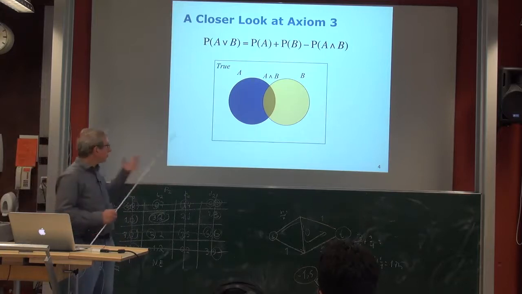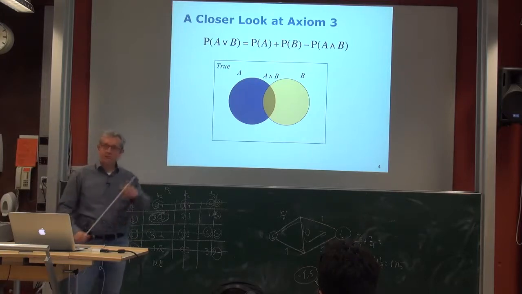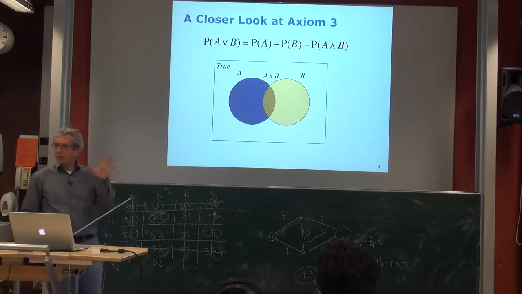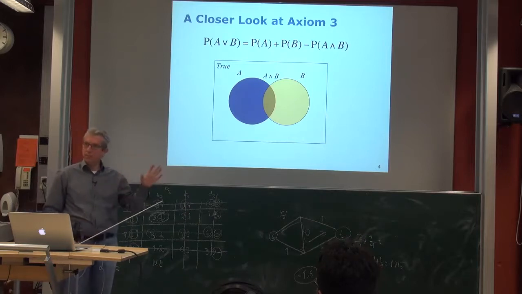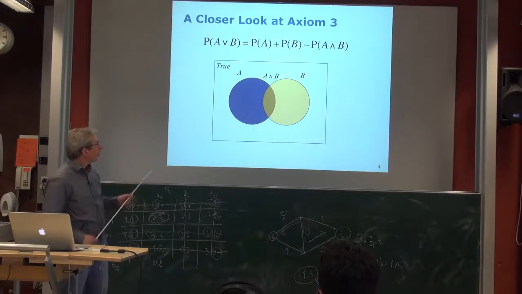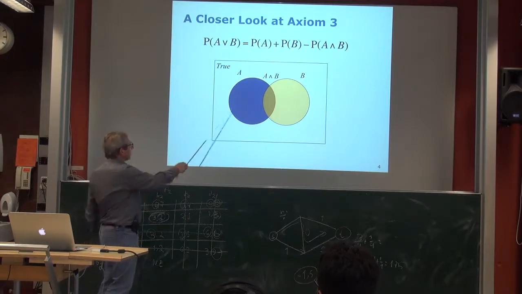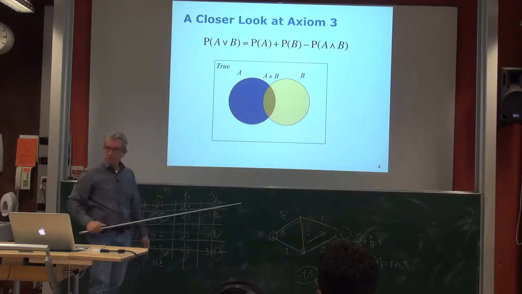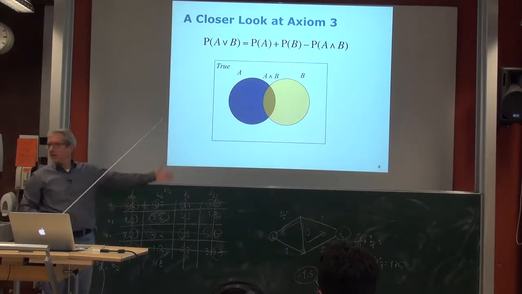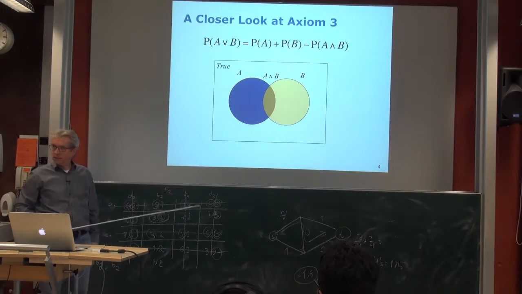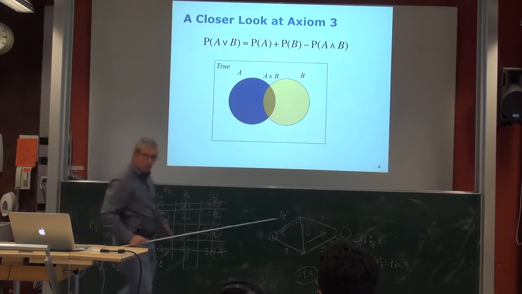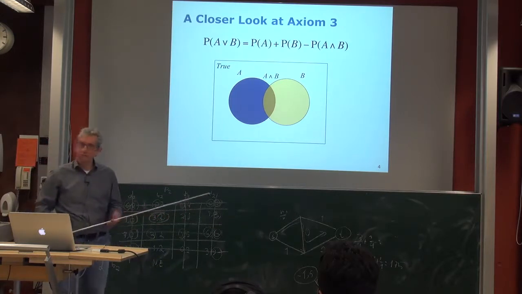And then people also often argue, but there is this equation which basically says that P of not A, which is the rest of the domain, is 1 minus P of A. Obviously, it's all the other objects in this domain. So why is this not contained in the axioms?